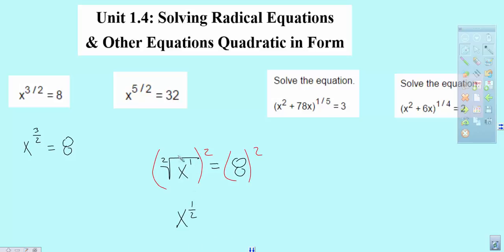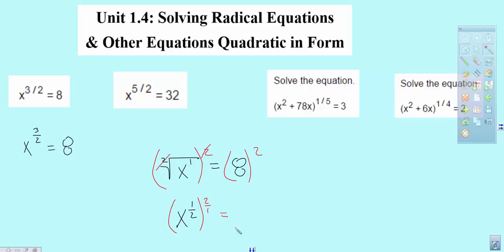So when you convert this radical form to exponential form, we realize that by squaring it, we're really multiplying by the reciprocal. It's not so much that the square root and the square cancel.